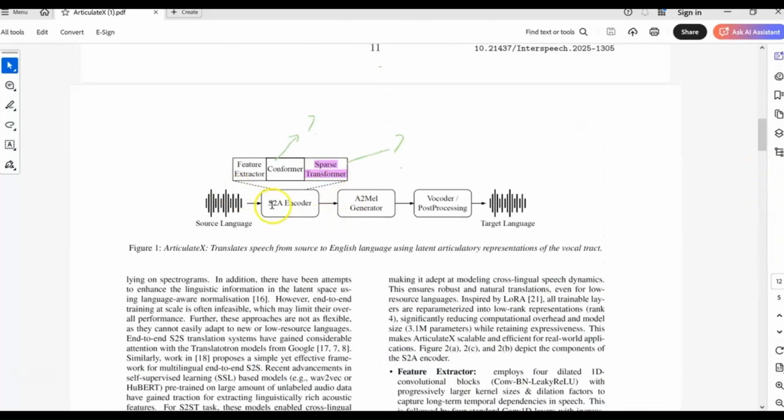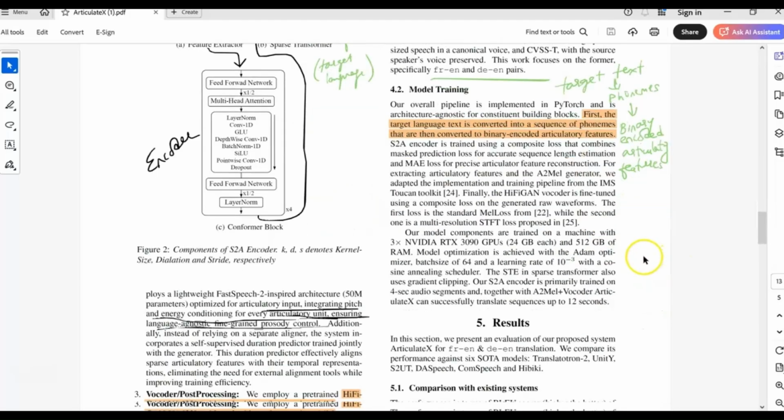Three components: you have a speech to articulator encoder, which is composed of three other things. The output of this encoder goes through a generator to convert that articulator feature to a MEL spectrogram. And then finally, the MEL spectrogram gets converted to the target speech. So this is the architecture. And the paper also says that if you want to replace these components with other components, the pipeline allows you to do that. Yeah, so that's the paper.